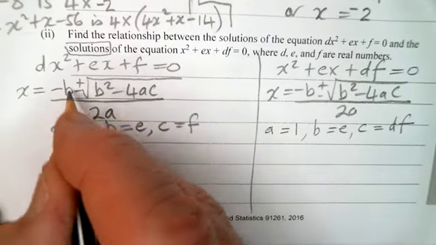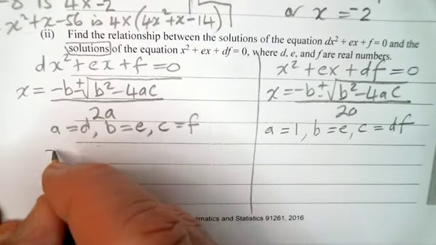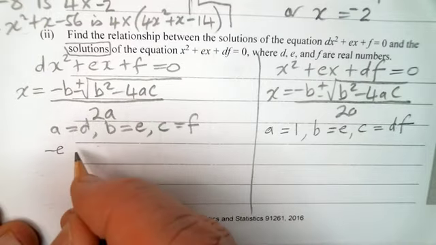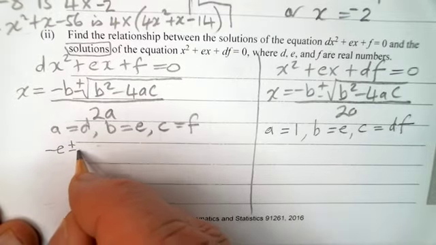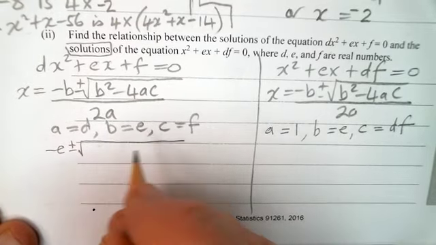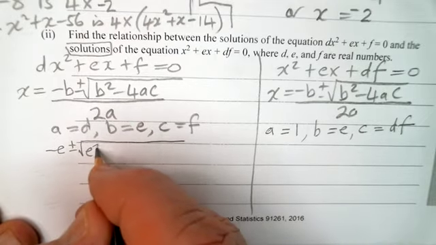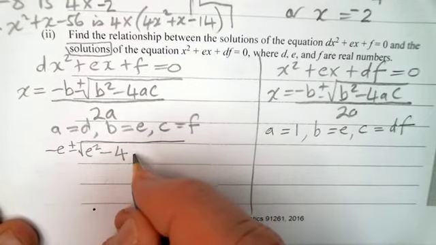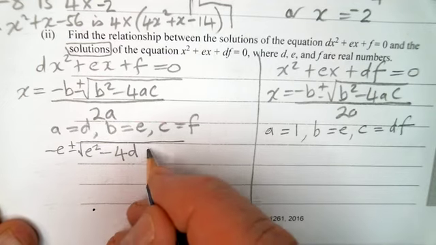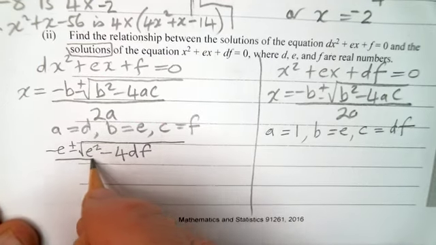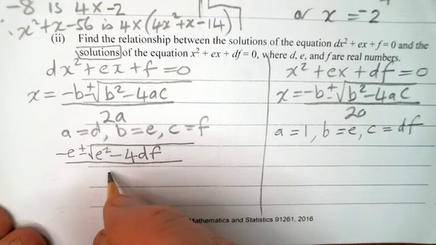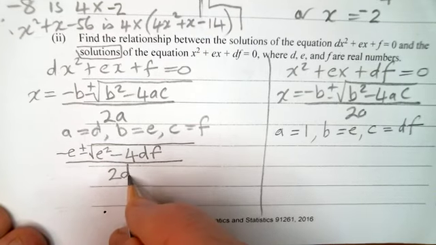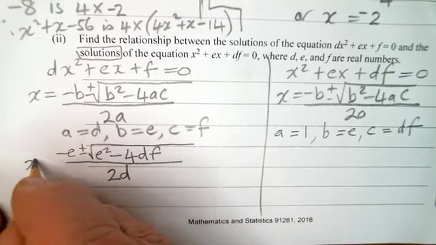So I'm going to have minus b, well, b is e, so it's minus e, plus or minus the square root of b squared, that's going to be e squared, minus 4 times a, which is d, times c, which is f, all over 2 times a, which is d. So that's what my x is equal to.